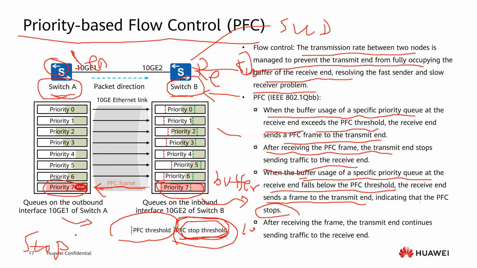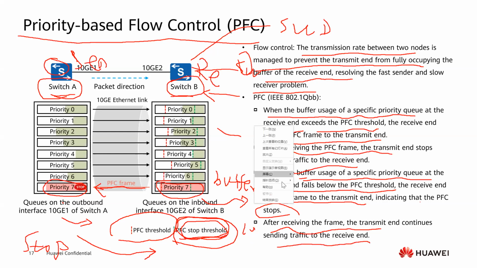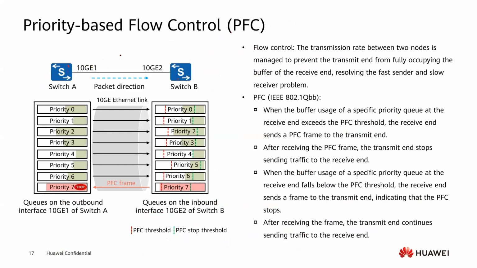Then switch A can send the priority 7 packets again. Okay, after receiving the frame, the transmitter end continues sending the traffic to the receiver end. Okay, this is the working principle of PFC. So in this picture, I think it's very easy to understand.